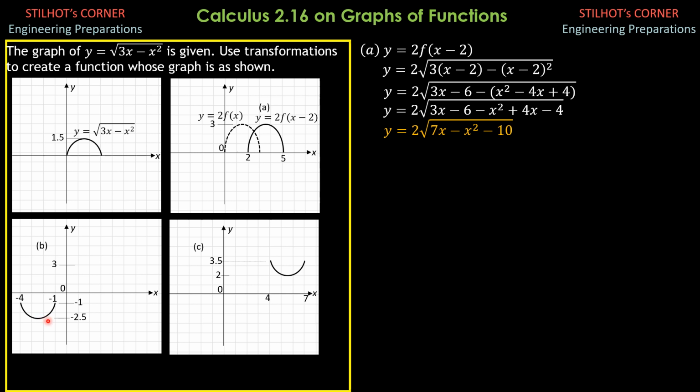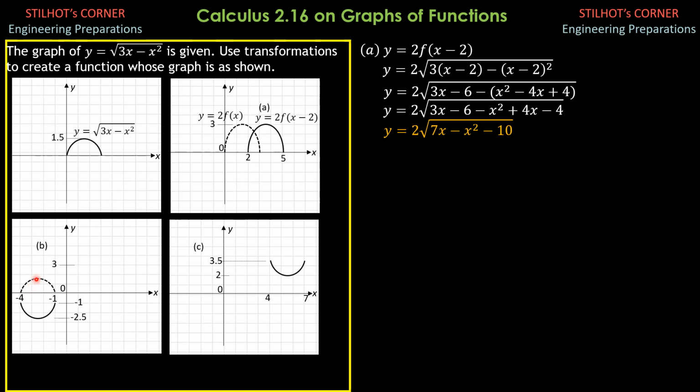Next, this graph here, B. So first we have our guide. Let's shift it 4 units to the left as shown. So from this position, we shift it 4 units because it begins with the left end 0. So it becomes negative 4.